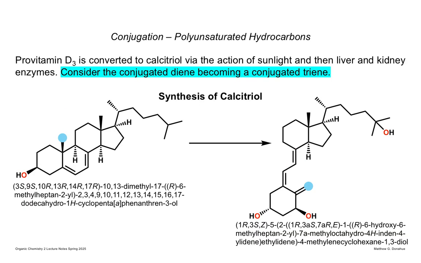Provitamin D3 is converted to calcitriol by the action of sunlight, and then liver and kidney enzymes convert the conjugated diene into a conjugated triene.